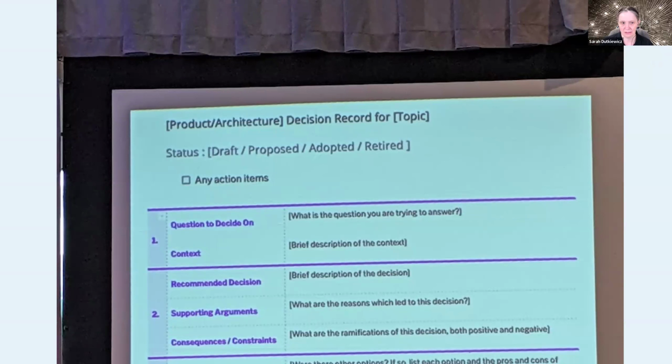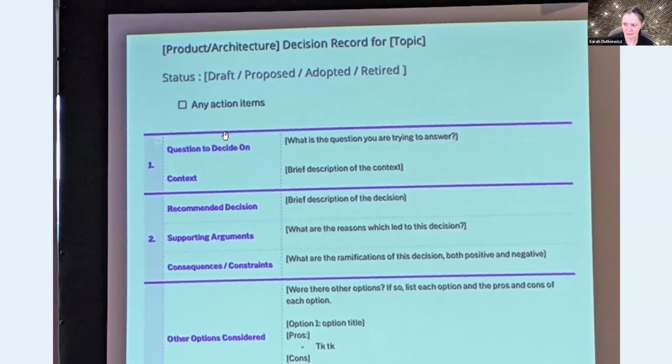And she had suggested like the product architecture. So you could see it could be a product decision record or architecture decision record with a topic. And then she talks about the status. So again, any action items, this would be a way to tell the stakeholders, by the way, you need to do this, this, and this other thing.